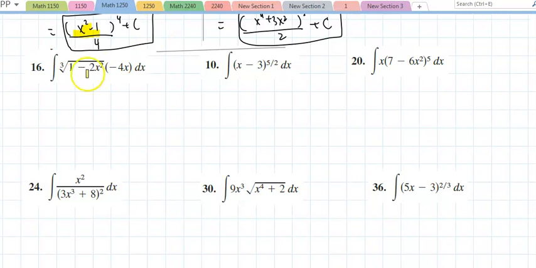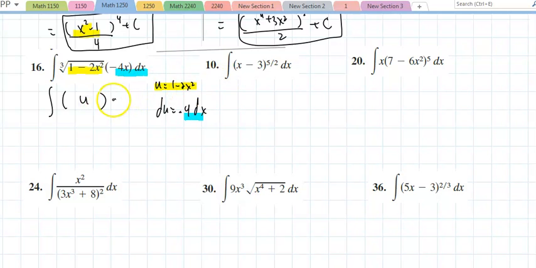How about here? You're going to let u equal the inside of a radical, the inside of a power, the denominator of a fraction, 1 minus 2x squared. If I take a derivative of this, isn't that negative 4x dx? So in this case, I see it clearly. That is the integral. Can't I write this as u to the 1/3 du?